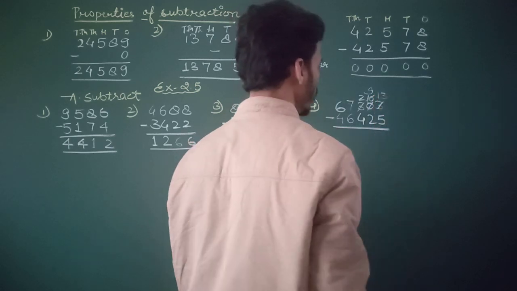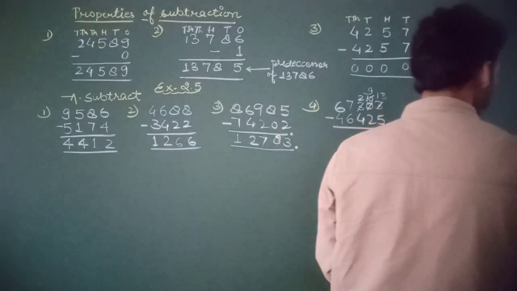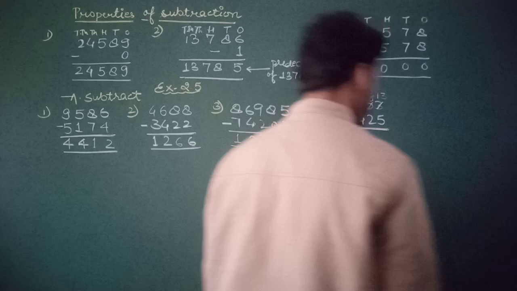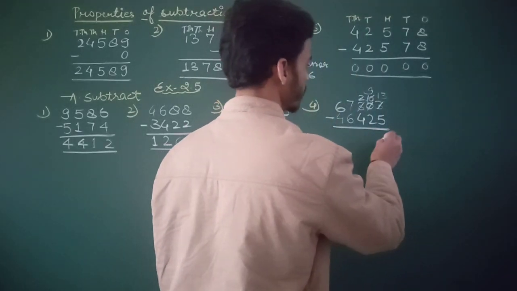Now subtract 13 ones minus 5 ones, that is 8 ones.